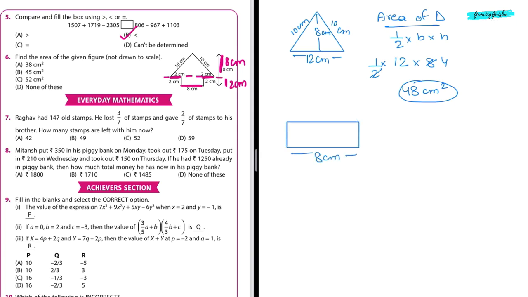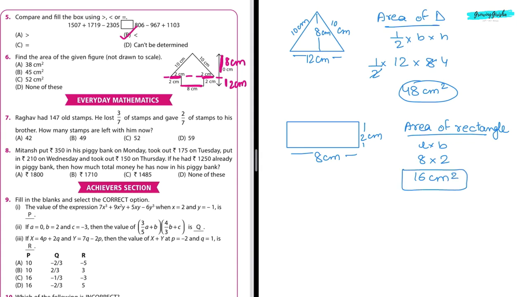Length is 8 centimeter and breadth is 2 centimeter. Area of rectangle is equal to length into breadth. 8 times 2 is 16. So the area of the rectangle is 16 centimeter square.